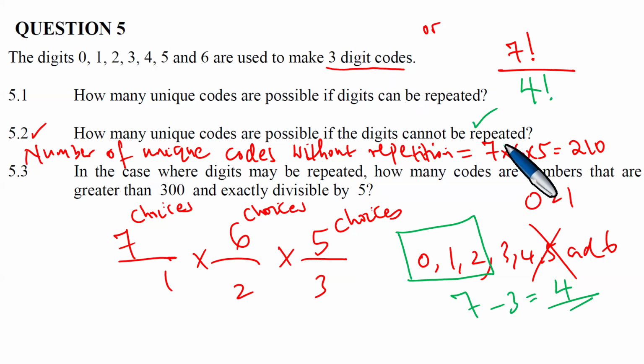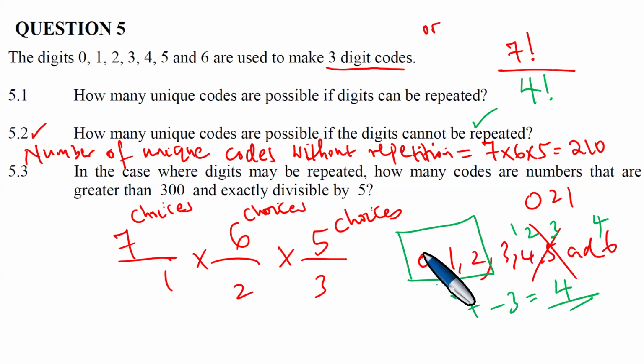If you cannot repeat, out of the 7 you remove 3, and 7 minus 3 gives you 4. 1, 2, 3, 4. Or simultaneously, what you do is the following.